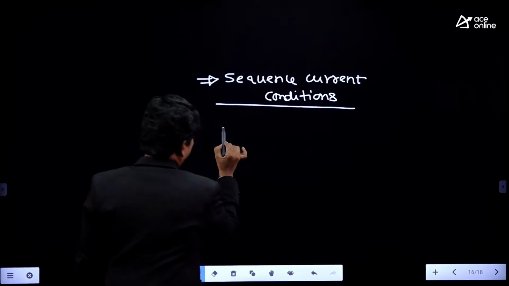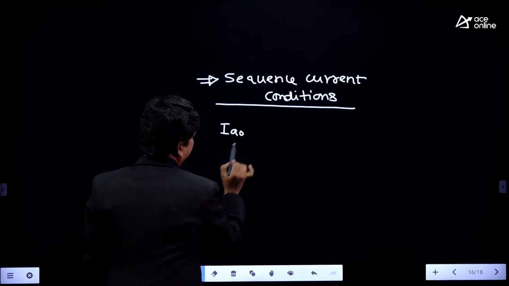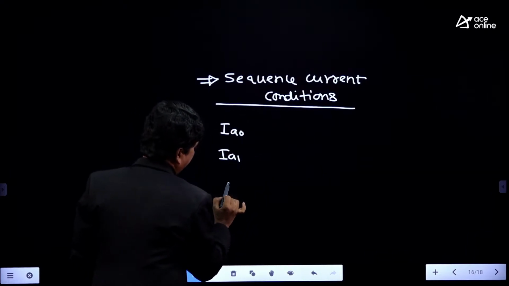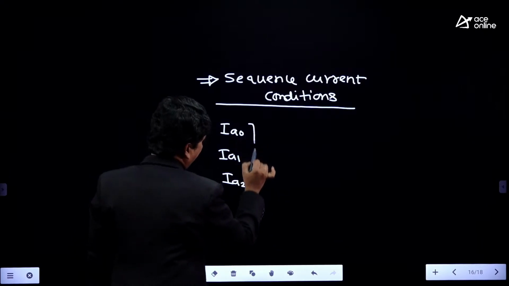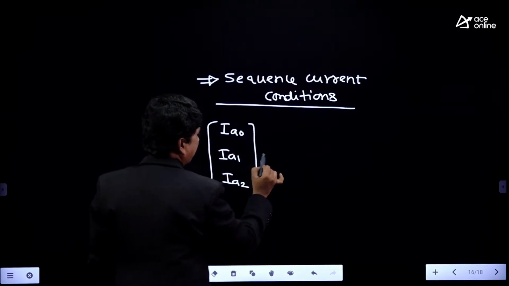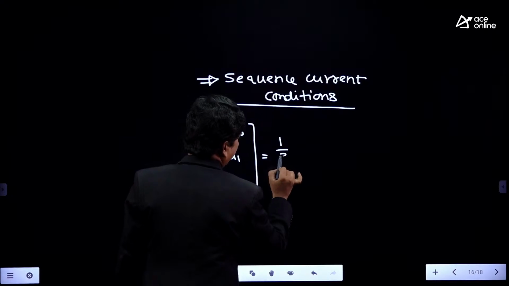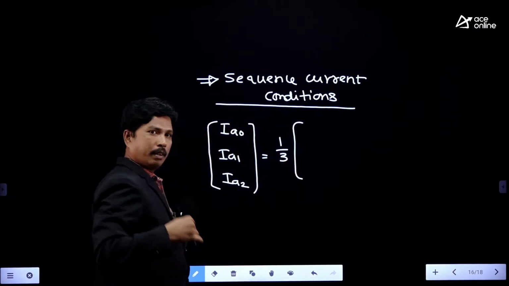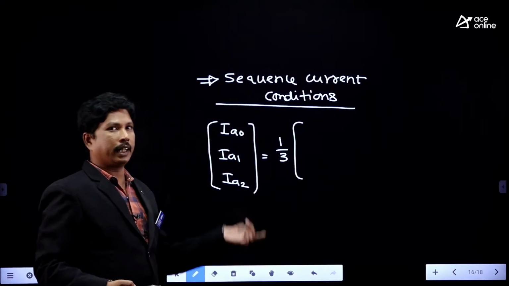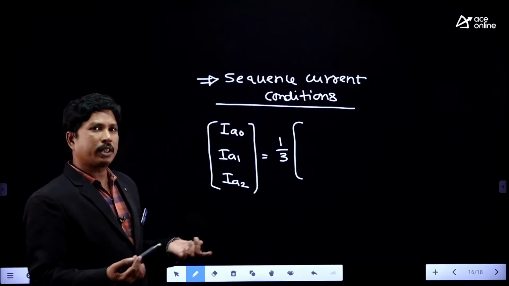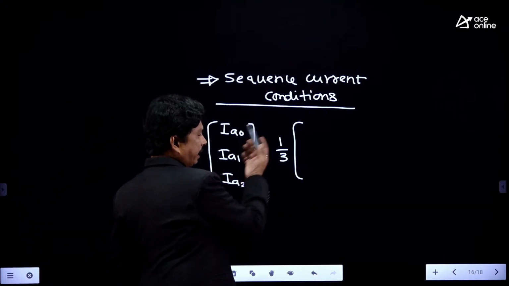Please check here, students. The sequence currents are IA0, IA1, IA2. Actually, we cannot get any change. Why? Because there is no change in the current conditions after the fault in the bolted and unbolted cases. So, you cannot get any change here also.